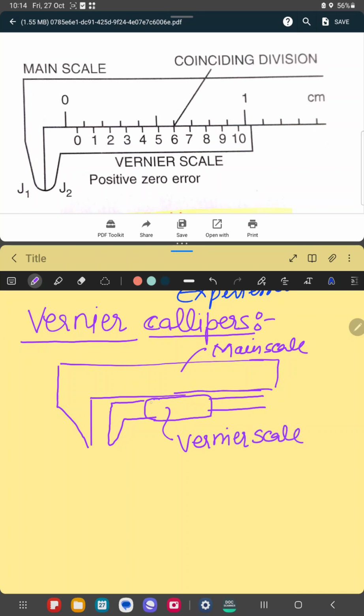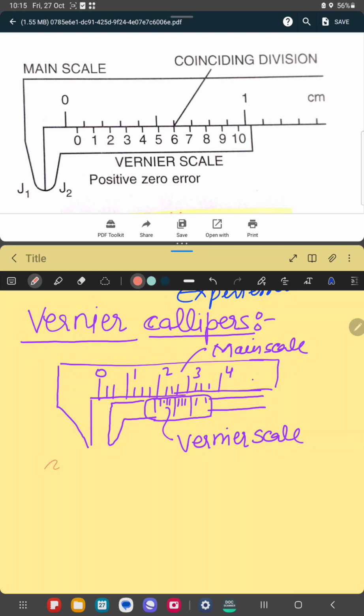So there are a lot of columns, and the two types of scale are the Vernier scale and the main scale.